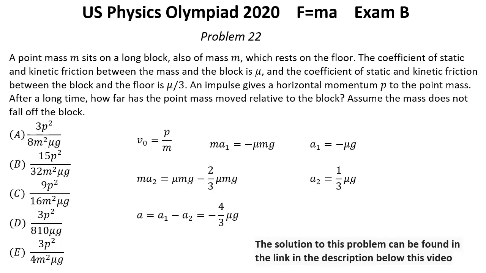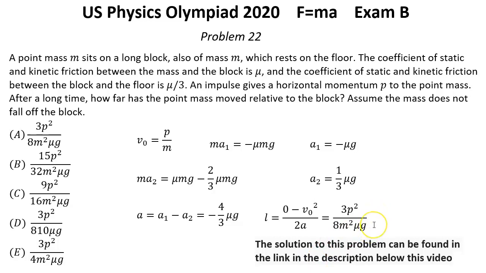And finally we can find the total distance which the point mass covers on the block. That will be 0, which is the final speed squared, minus v0 squared, which is the initial speed squared, over 2 relative accelerations, and that will be 3 p squared over 8 m squared mu g.